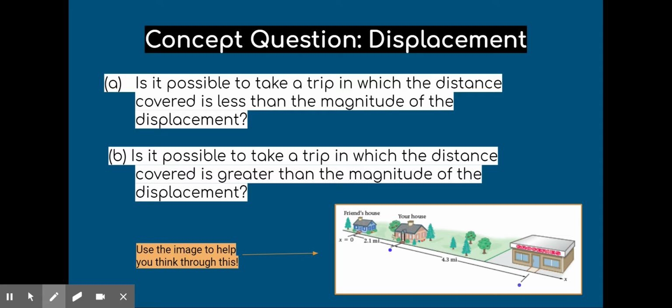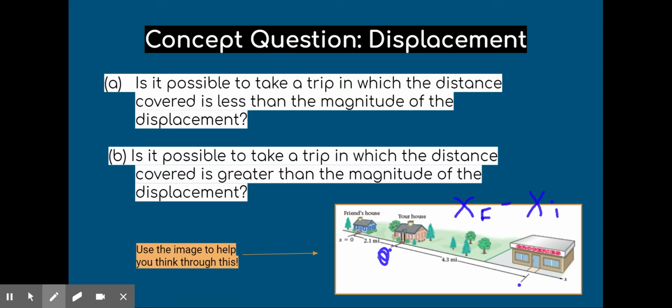Well, we know that displacement is the final position minus the initial position. So if your house is here, we're going to call this point 0. Then our displacement would be 4.3 minus 0. Okay, so the displacement is 4.3 and the distance is 4.3. So they are equal in that case.